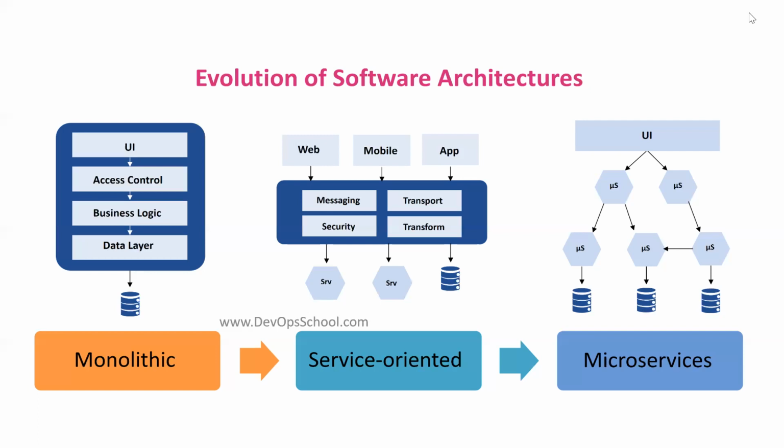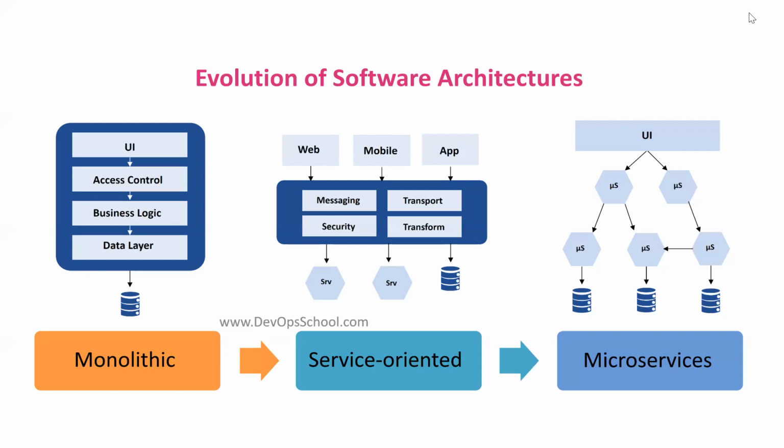But now what has happened because of the introduction of the microservices concept? Let's say you have a software with 200 functions. That means 200 microservices. Earlier in SOA, service oriented architecture, we had maybe one web server and one app server.